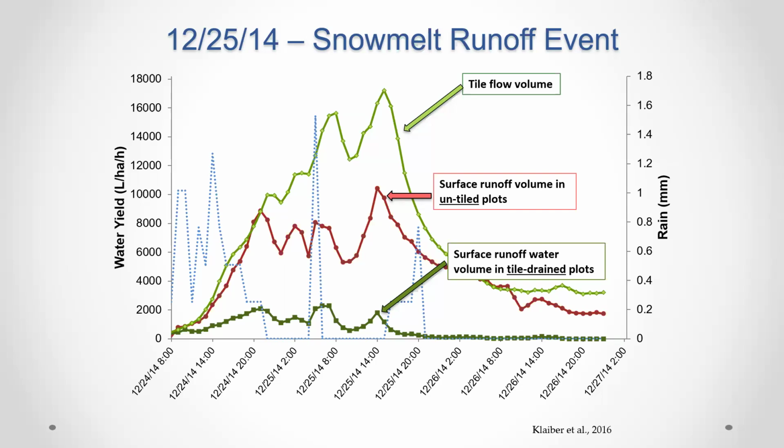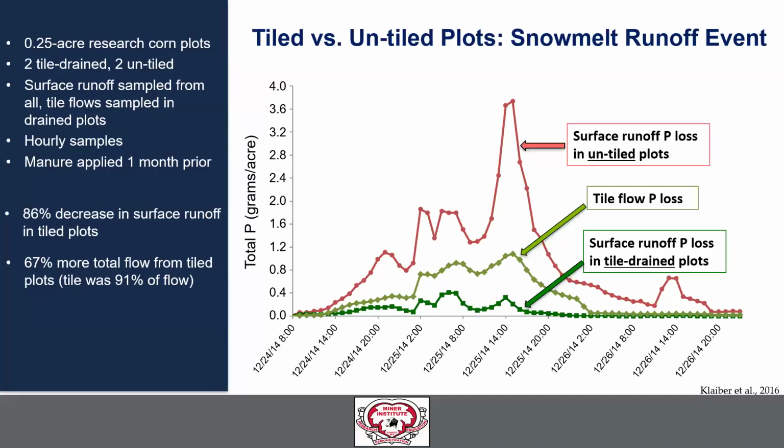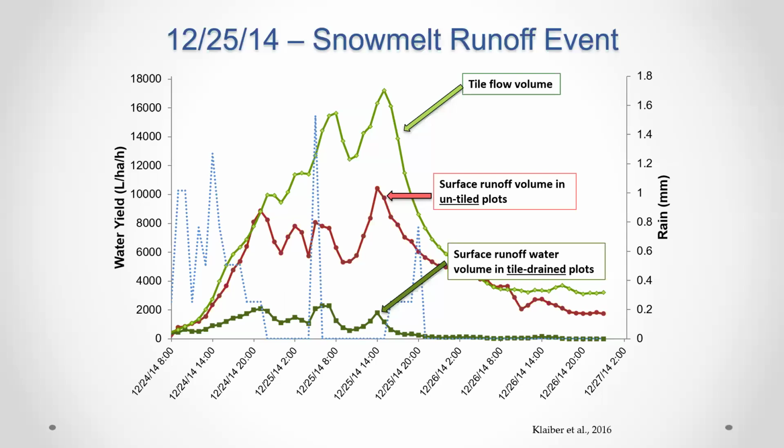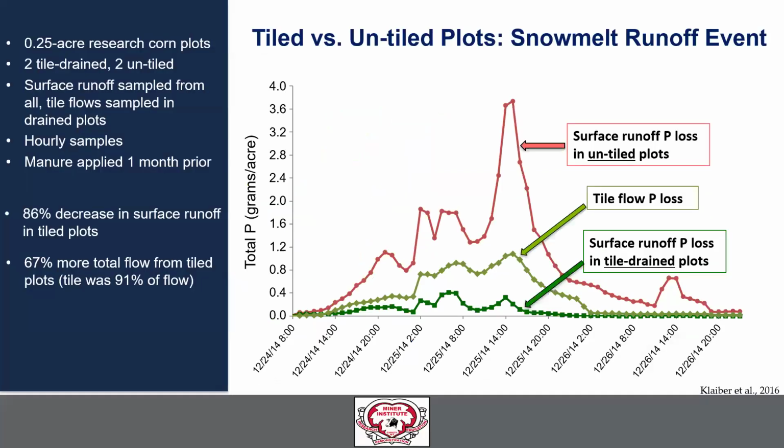What we can see here is much more drainage occurring from those tiled plots, but all primarily occurring as tile flow, with only a small amount of surface runoff. But then as we look at total phosphorus instead, what we see is that the surface drainage line, which had much less drainage water, was delivering a lot more phosphorus than our tile drainage water was.